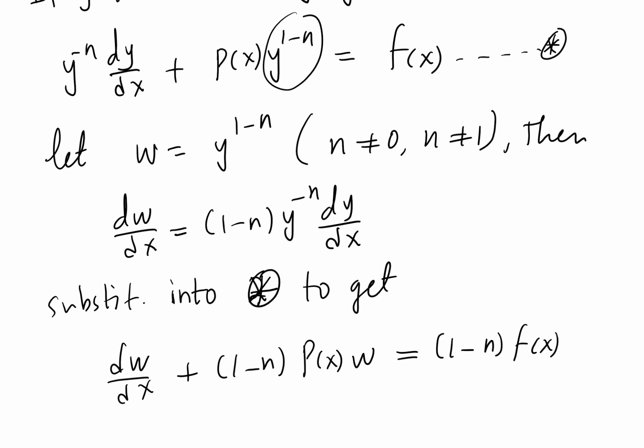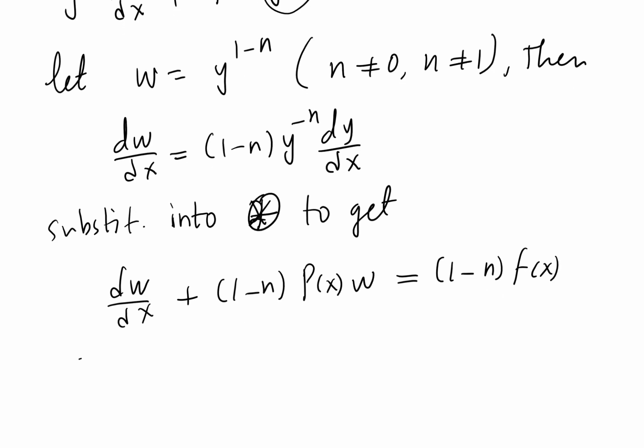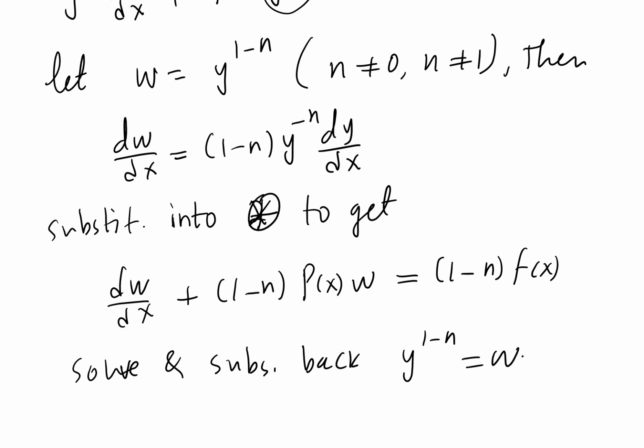We just solve this and substitute back w for y to the 1 minus n. So Bernoulli found this trick where you take w to be y to the 1 minus n, then differentiate both sides with respect to x, substitute back into the equation we had earlier, which we call star, and that will actually solve the problem for you.